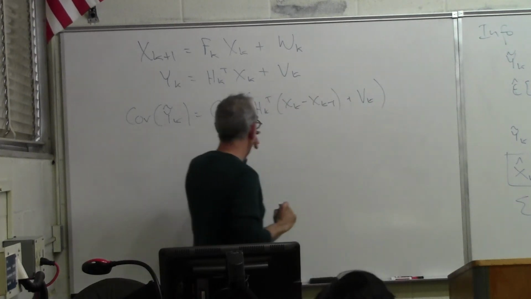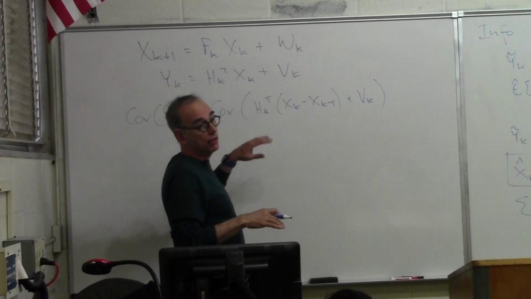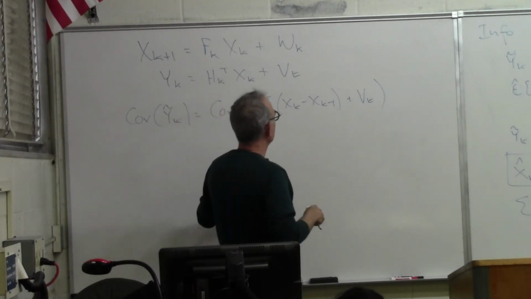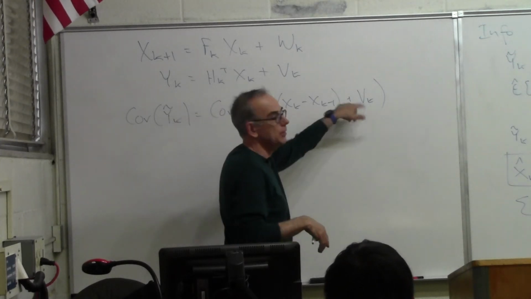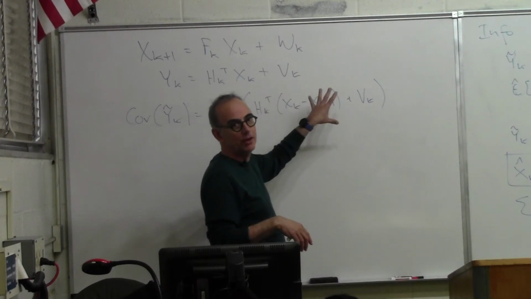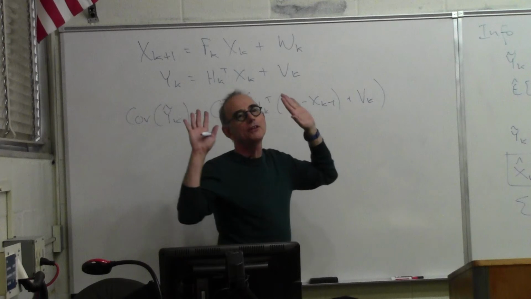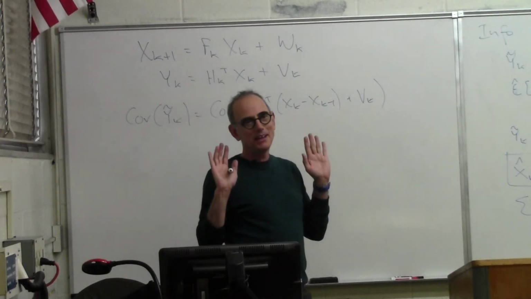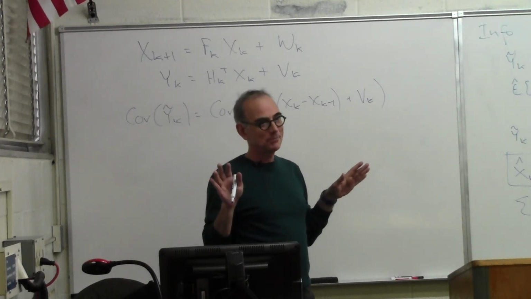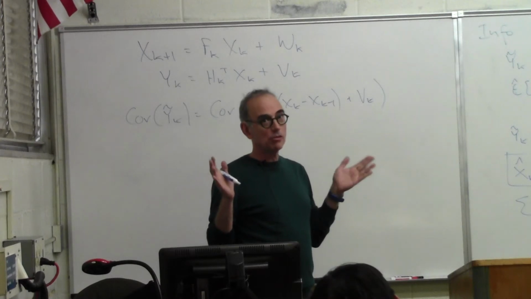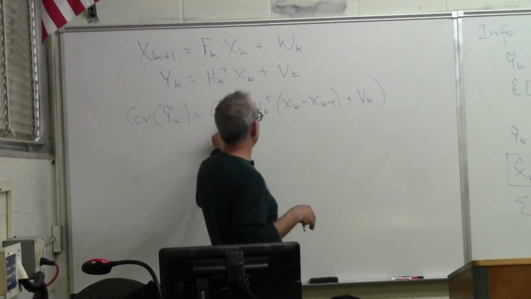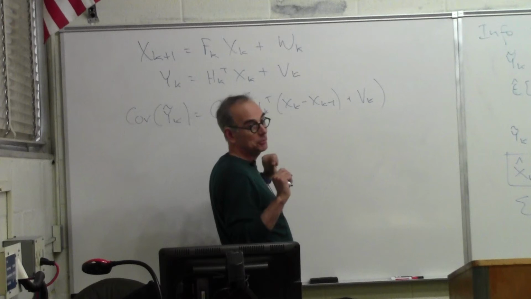Basically, these are zero mean random variables, so it's just the expectation of this random vector. I'm sorry, it's a scalar. We're taking a scalar measurement, so it's just the expectation of this thing squared. It's the second moment. These are scalar observations. Covariance for zero mean just means the second moment.